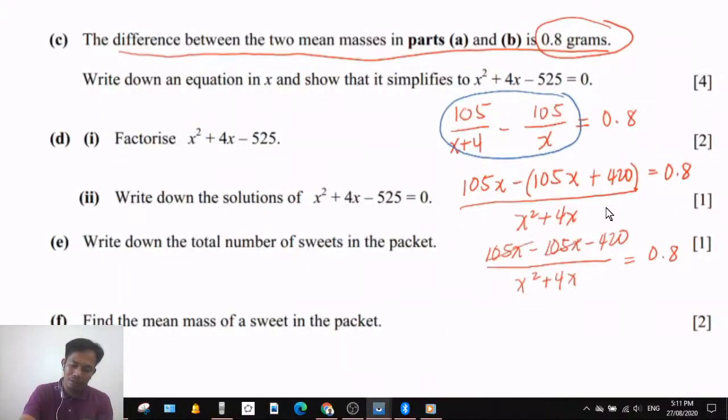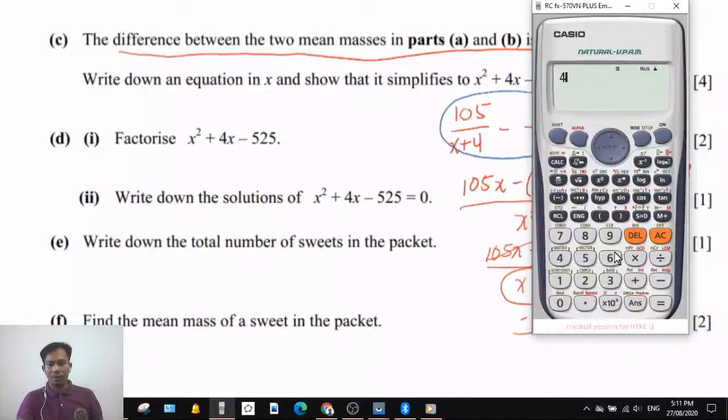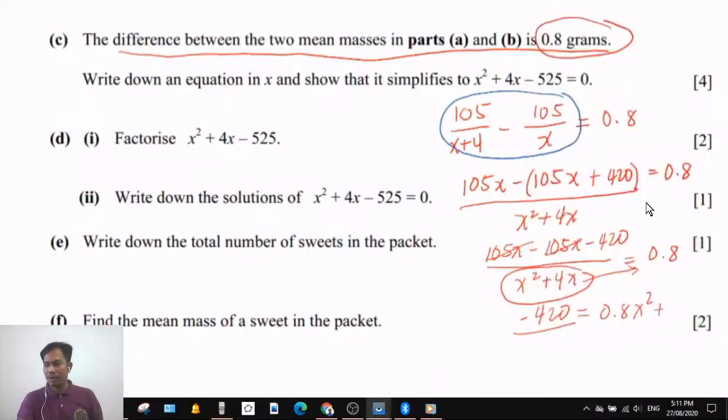The 105x cancel out. It will now become negative 420 over x squared plus 4x equals 0.8. I'll just multiply this one immediately: negative 420 equals 0.8 times x squared plus 4 times 0.8, 4 times 0.8 is 3.2x. So 0.8 x squared plus 3.2x.